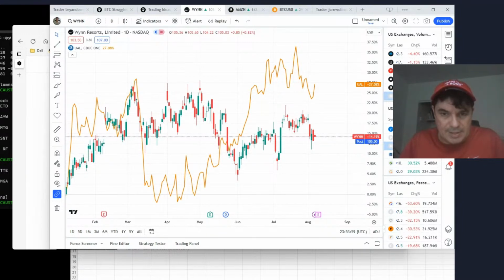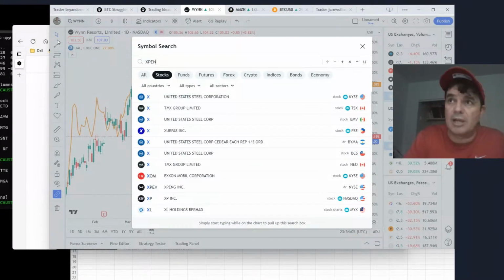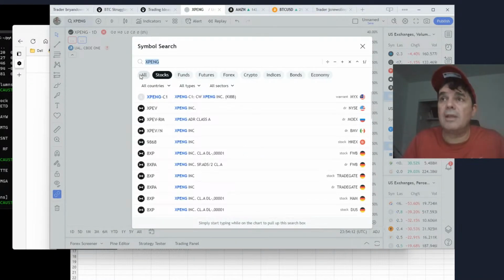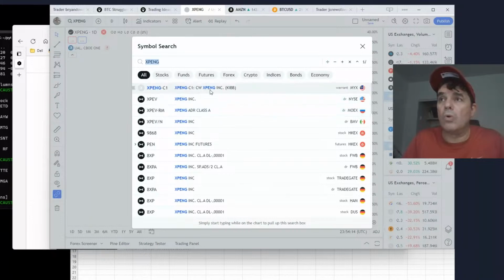Also, any ideas on XPENG? Is that the Chinese car manufacturer? XPENG. I don't see anything on that. So am I looking for this symbol XPEV?